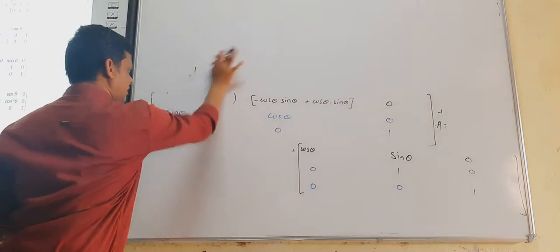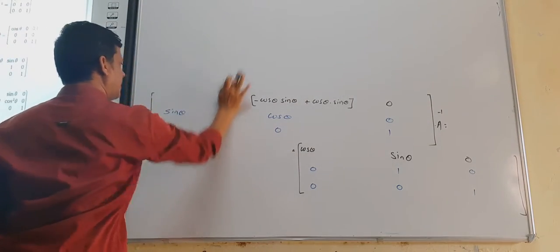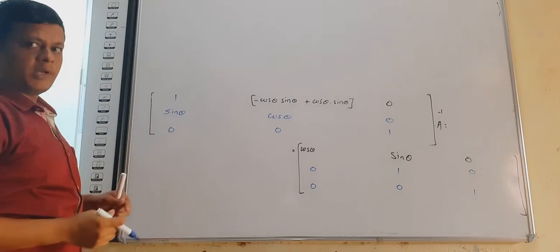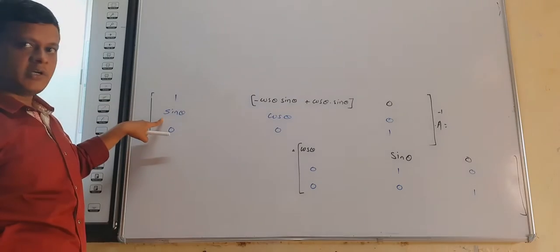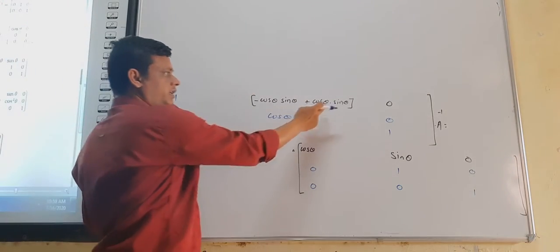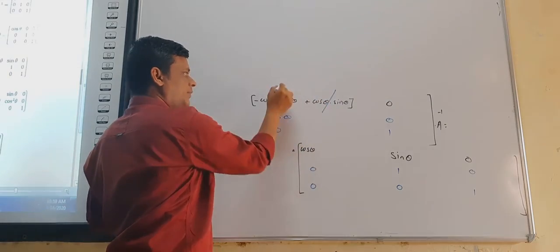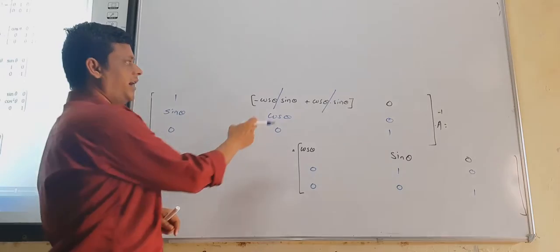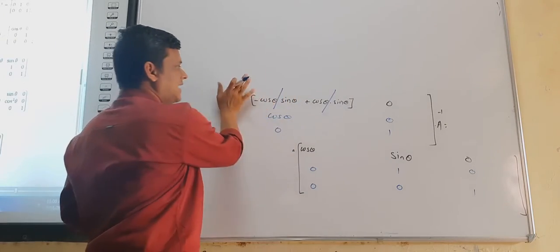So I write here 1. You write this in the next step while solving the problem. Here these two terms are same. So after cancelling, their addition is 0. So we write in place of this 0.